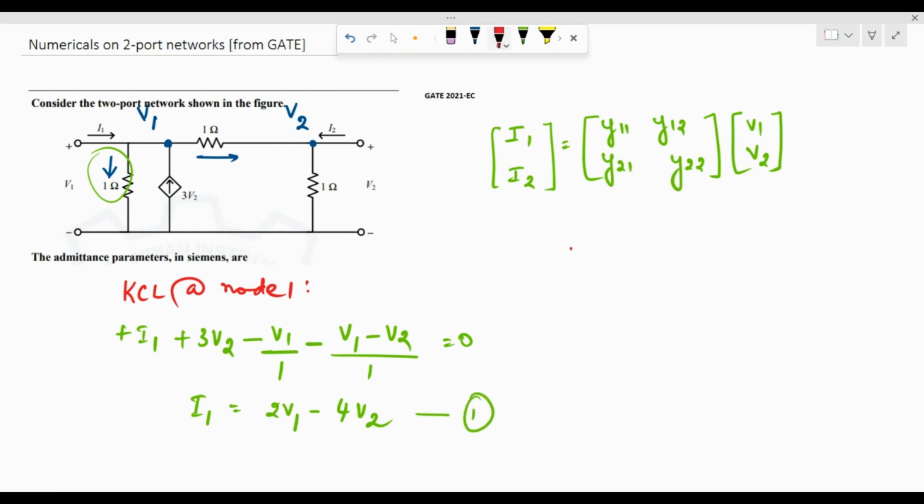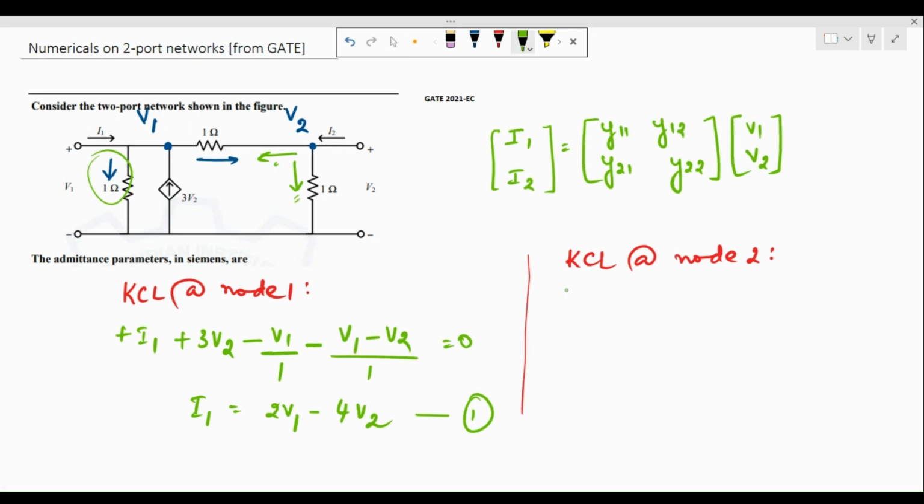Let me apply the KCL at node 2, and on doing that, what do I get? Here we see that I2 is entering the second node, and I can assume that this current is going out of this node, and I can also consider another current going out through the 1 ohm resistance.